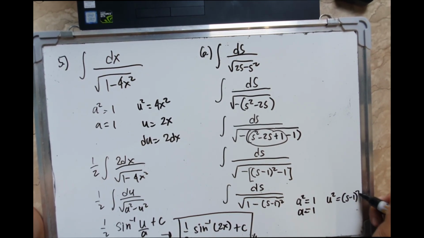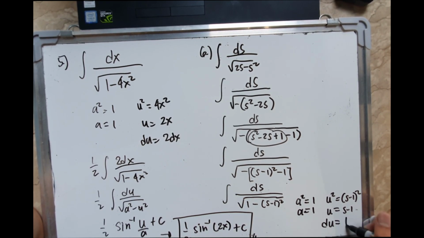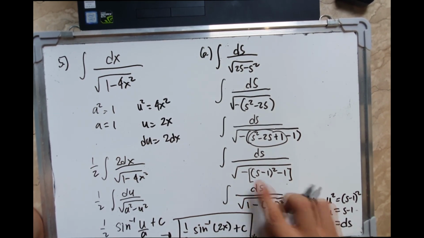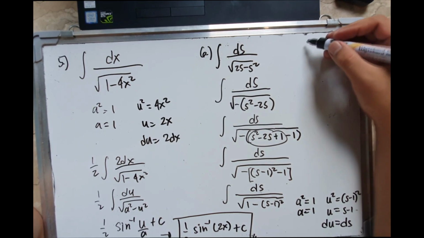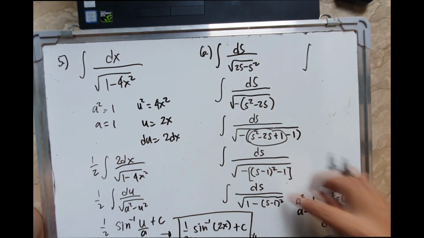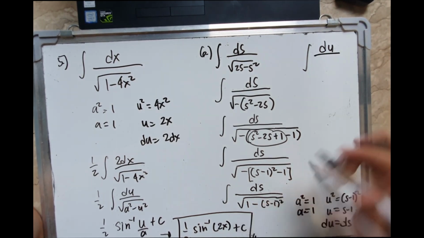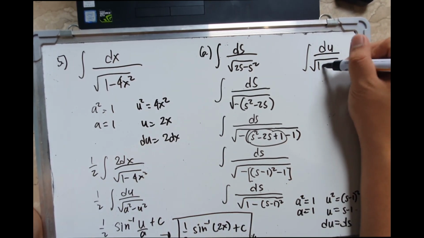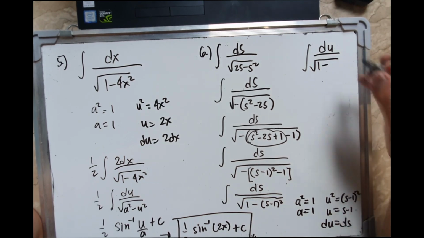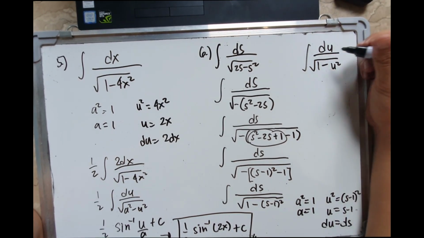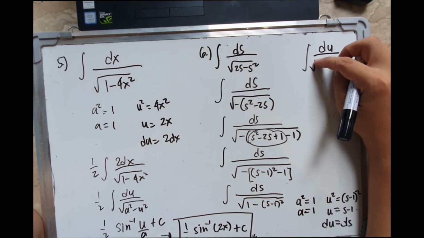S minus 1 squared, the u is s minus 1. The derivative of u is ds. So we could obviously see that the integral of ds is du over the square root of 1 minus u squared, or a squared minus u squared.